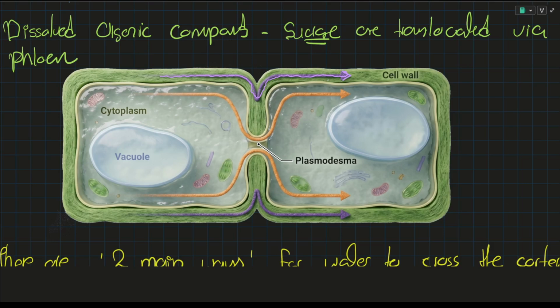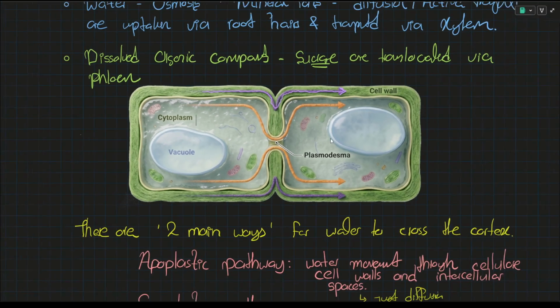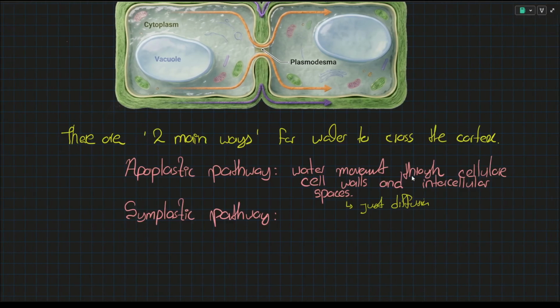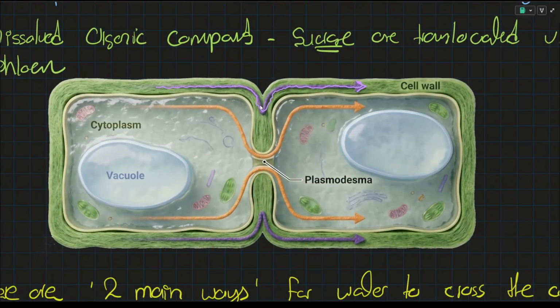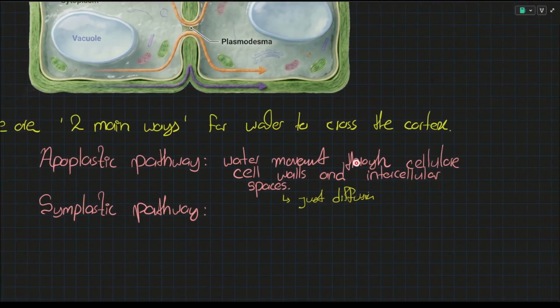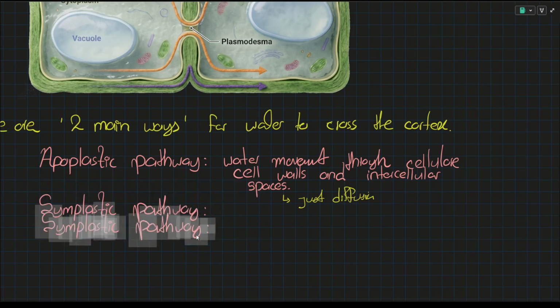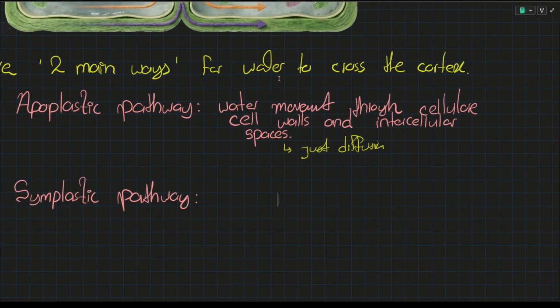Water is moving from one cell wall to the subsequent cell wall of the next cell, and that is the apoplastic pathway. We're just moving through cellulose cell walls and intercellular spaces. There's no involvement of the cytoplasm here. The involvement of the cytoplasm occurs in the symplastic pathway.